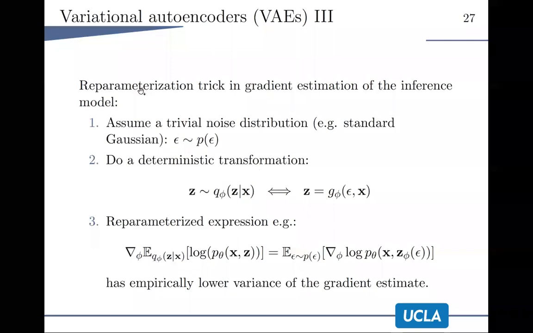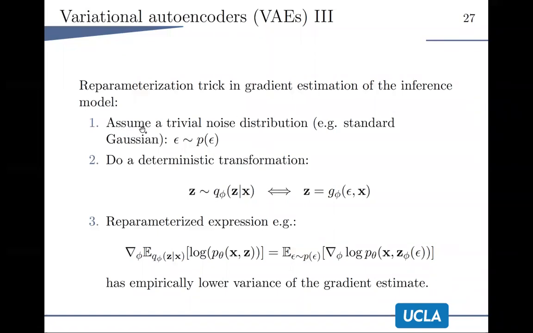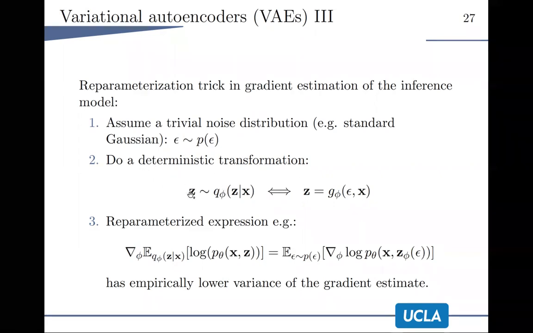The reparameterization trick in gradient estimation works like this. First we assume a trivial noise distribution, for example a standard Gaussian, denoted as epsilon. Then we do a deterministic transformation.